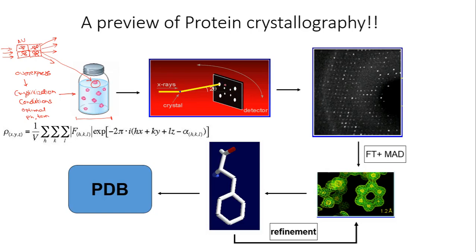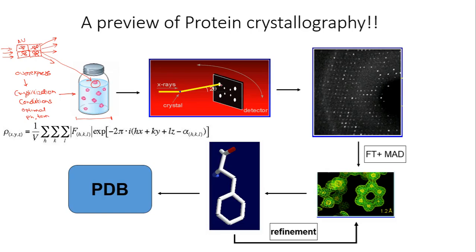Okay, so what you would end up with is the set of reflections on a detector plate, and you would know their intensities as well. Your crystallographer would raise his hand and say, okay, my job is done. Here you have the set of reflections and their intensity values.